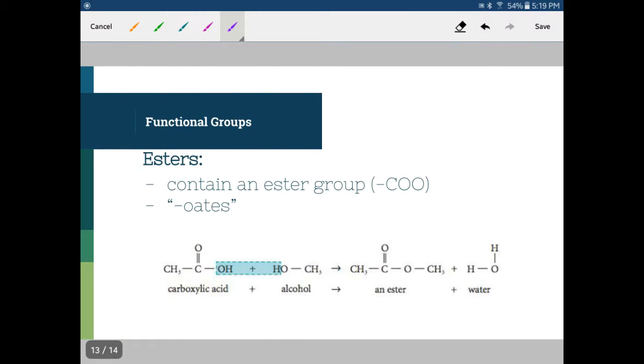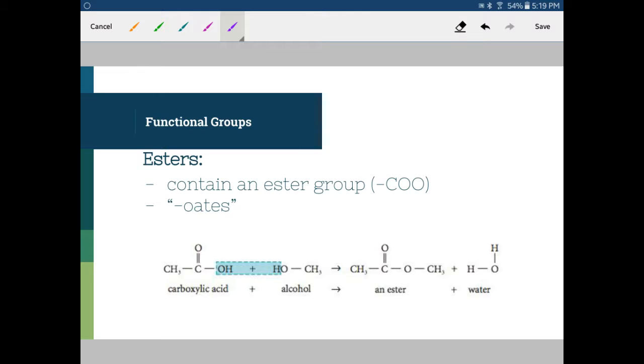Now, naming esters. When we name esters, essentially an ester is formed from the reaction of a carboxylic acid and an alcohol. So that is where we get our esters from. Esters are kind of an odd thing.